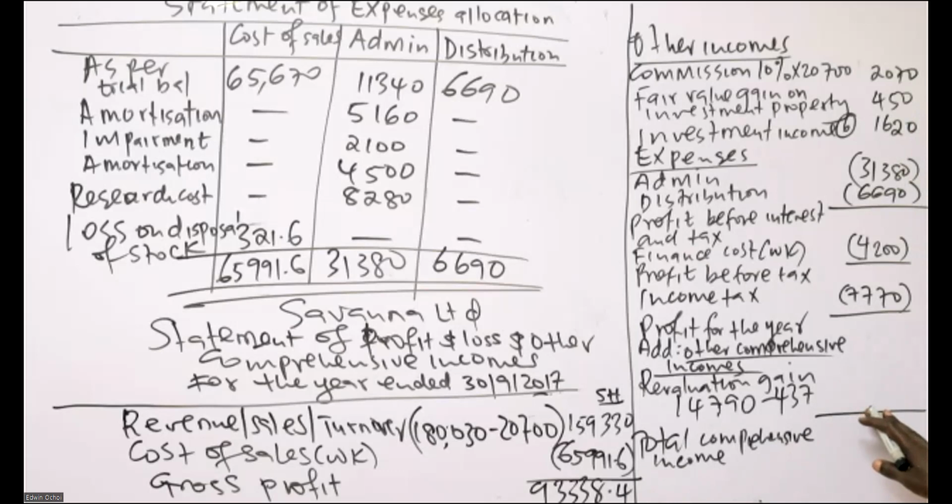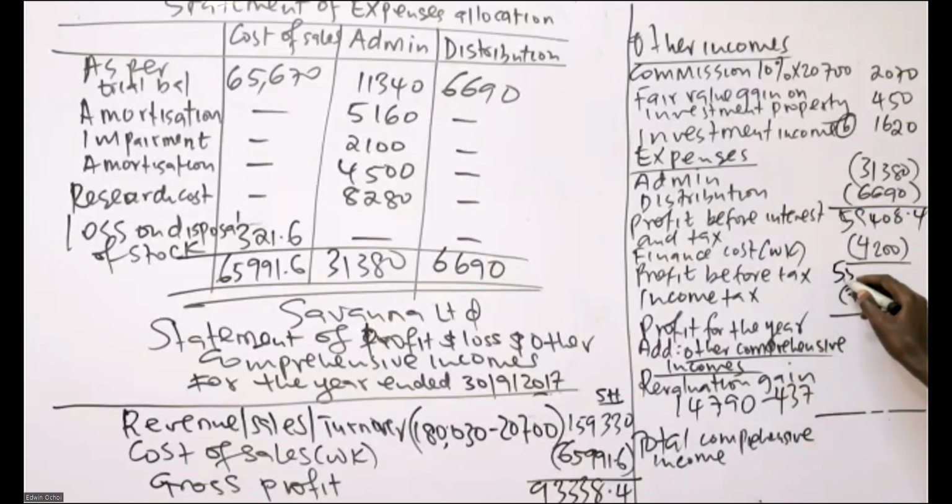So this one is 59,048.4. Is that correct? Minus 4200, so this is 54,848.4, minus 770. We have 47,438.4.